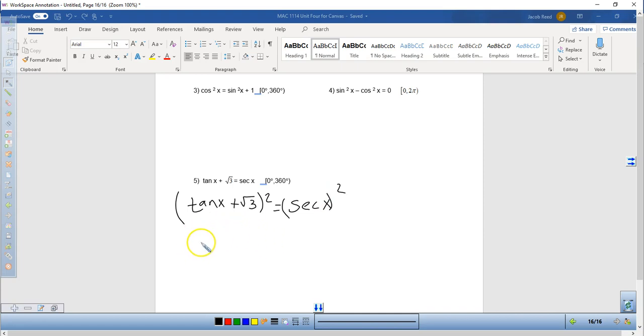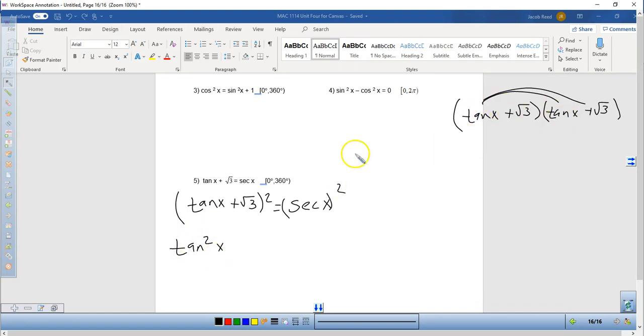So when I square this one, I get tangent squared. And just so we remember that we don't make this mistake, I'm going to write it up here. Tangent plus root 3. Tangent plus root 3. And this is what it means to square. I distribute to both. So tangent times tangent is tangent squared.